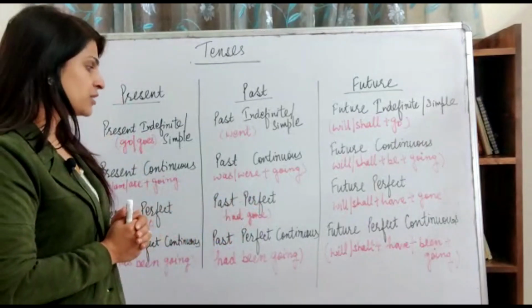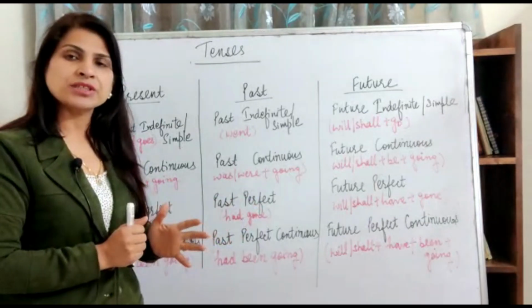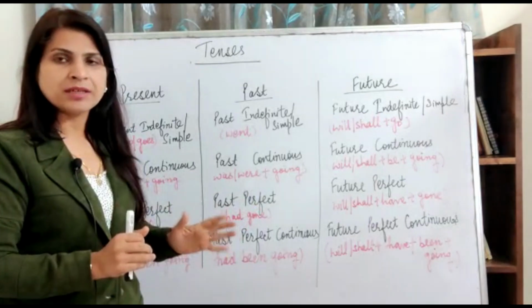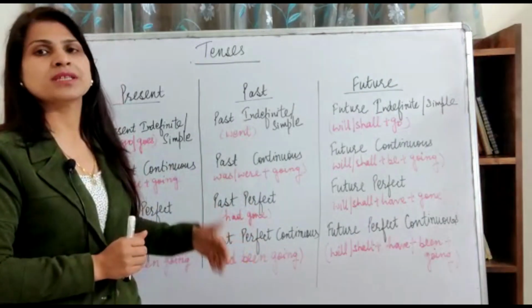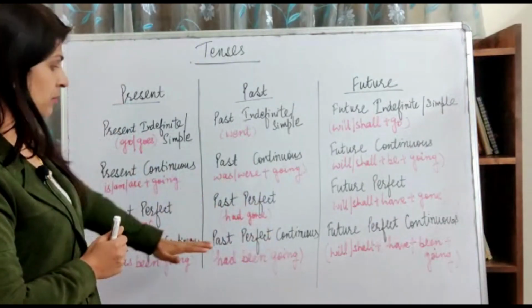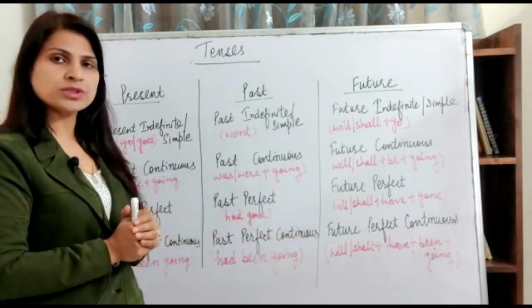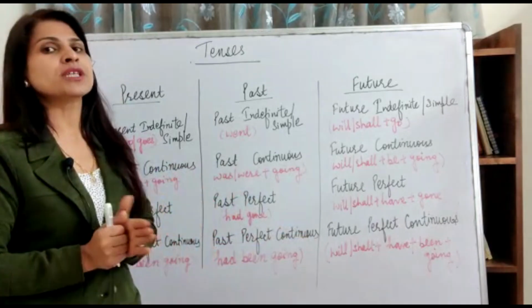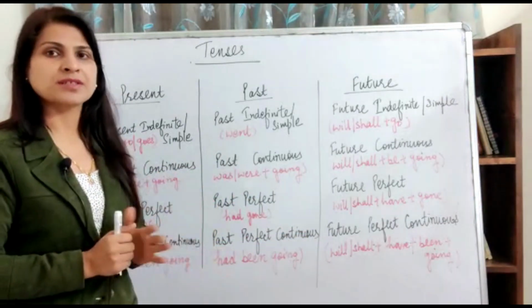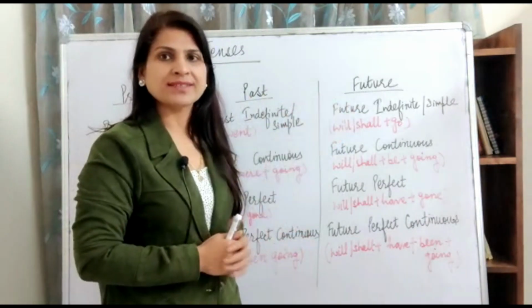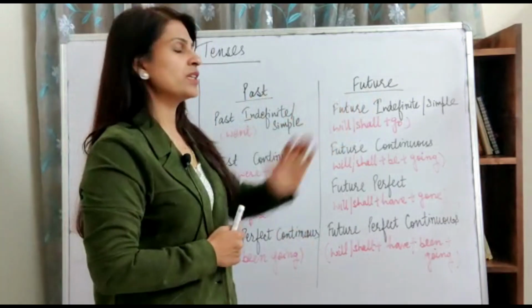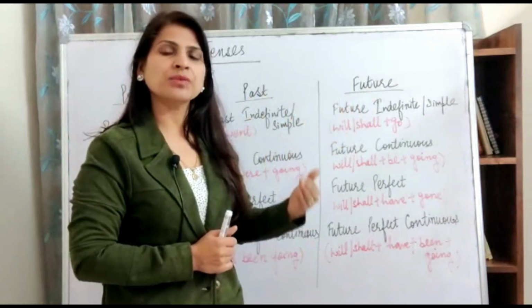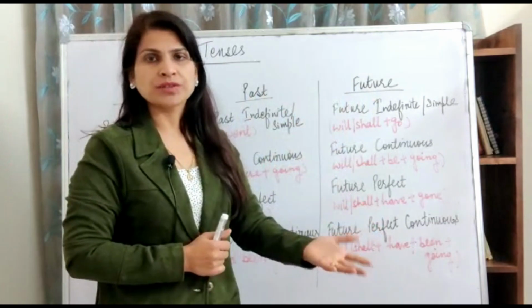Past perfect shows that the action was completed by a certain time in the past. Then past perfect continuous shows that the action was going on by a particular time in the past. Let's see the future tense now. Future indefinite shows that the action will happen in future.